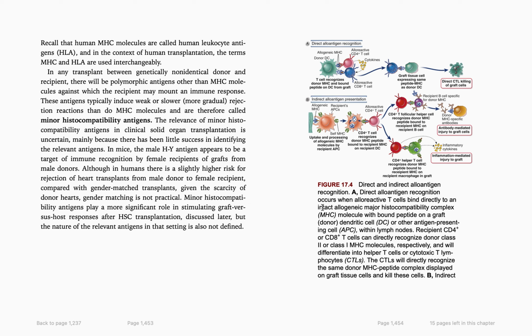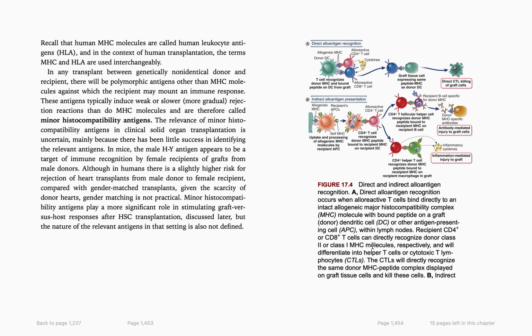Direct allogeneic recognition occurs when alloreactive T cells bind directly to intact allogeneic major histocompatibility complex (MHC) molecules with bound peptide on grafted donor dendritic cells or other antigen-presenting cells within lymph nodes.